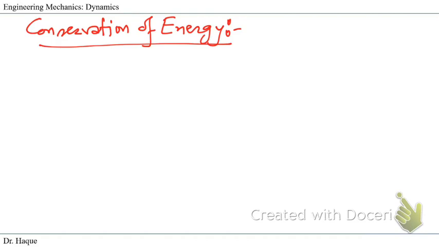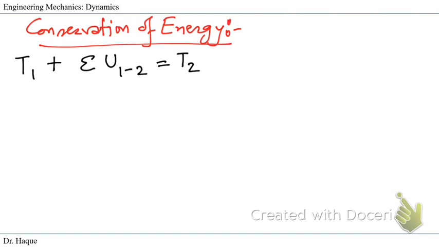So we know the principle of work and energy. If we have work done from point 1 to point 2, we have the initial kinetic energy plus the work done gives you the final kinetic energy. And in our previous lecture, we developed the equation for a conservative force.